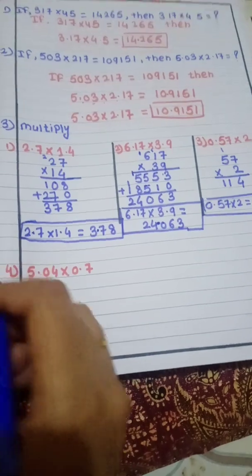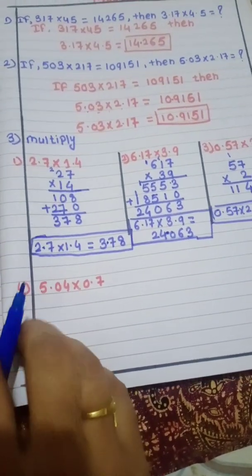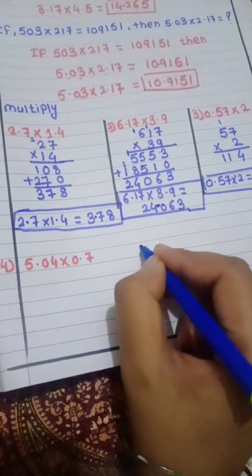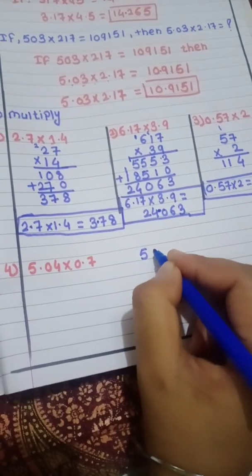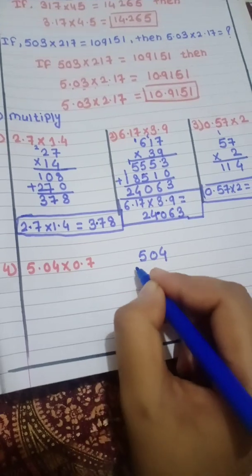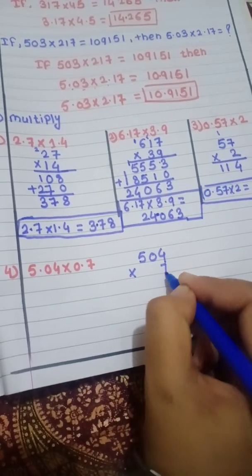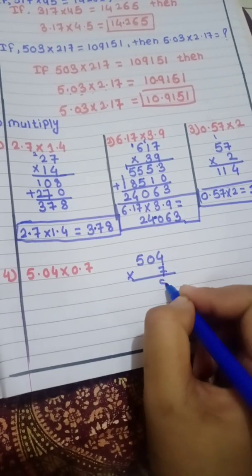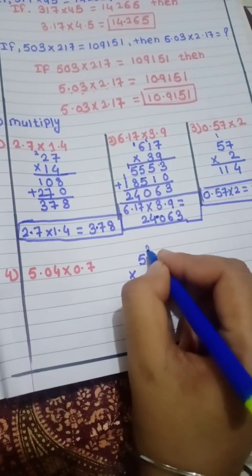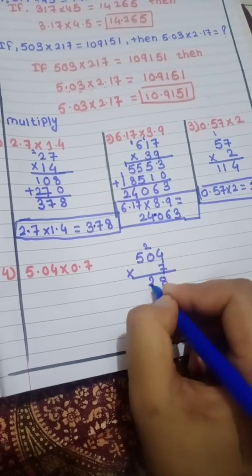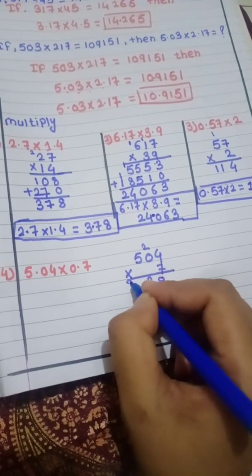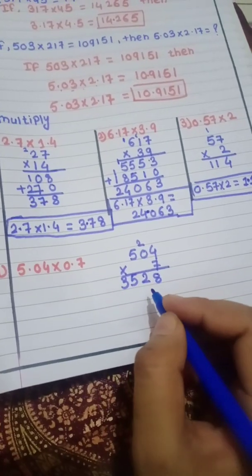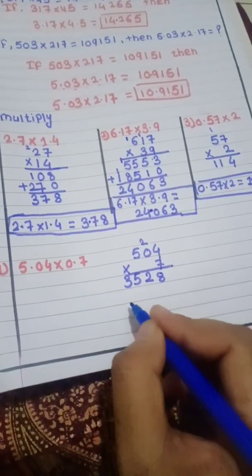5.04 multiplied by 0.7. So how will I write here? I'll solve the sum over here. 504 multiplied by 7. I'll remove the decimal point. 7 4s are 28. Carry 2. 7 zeros are 0. So 2 will come as it is. 7 5s are 35. So the answer is 3528. But I have to write it with the decimal point.